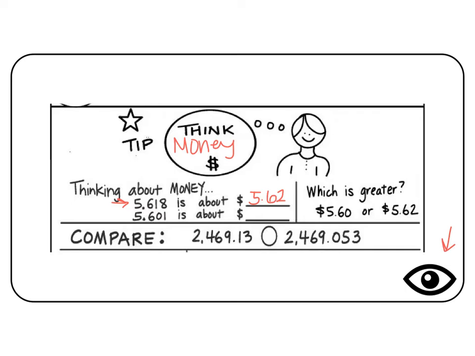We would change that to 5.60. So now we can look at these two numbers and decide which one is bigger or smaller. If we think about $5.60 or $5.62, we know that $5.62 is greater because 2 is greater than 0.